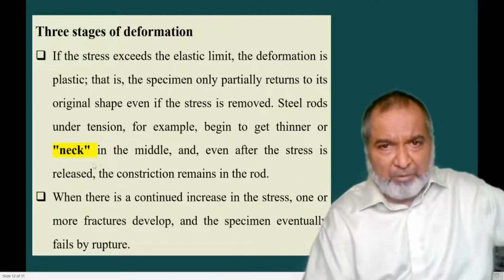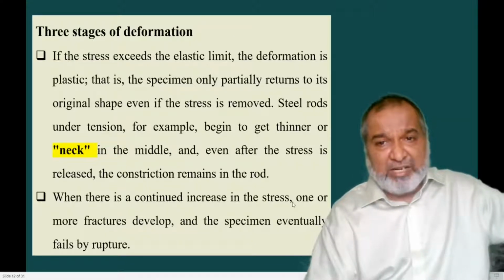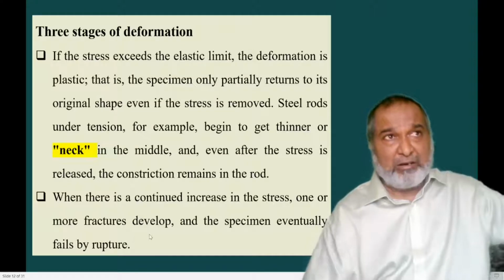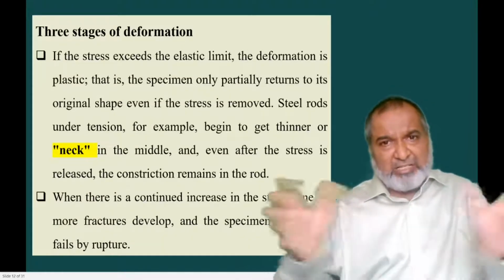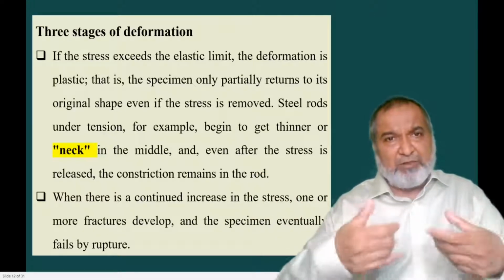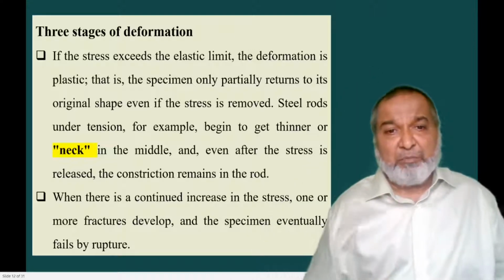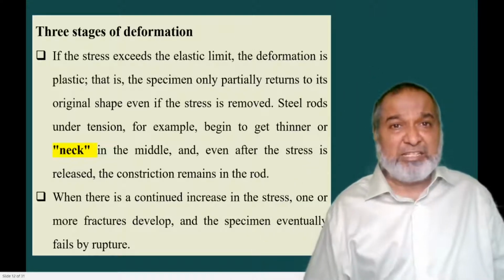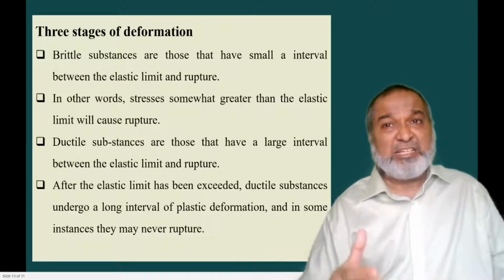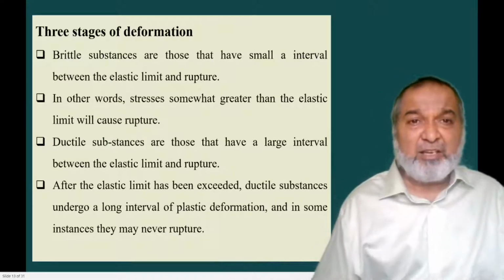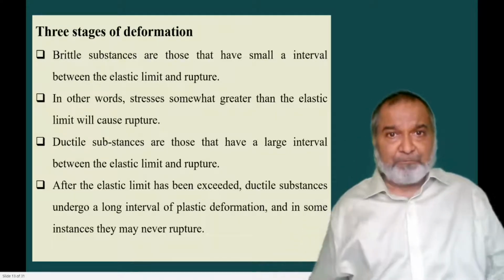With continued increase in the stress, a fracture develops. Even after release, the changes are permanent, but if you still stretch it, a rupture takes place. That is the third one. So elastic, plastic, and rupture are the three stages of deformation.